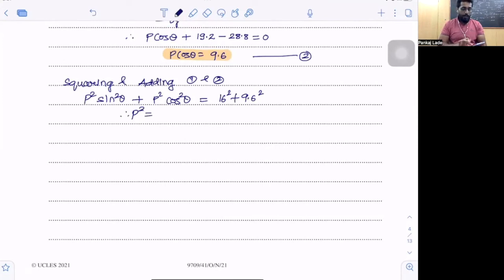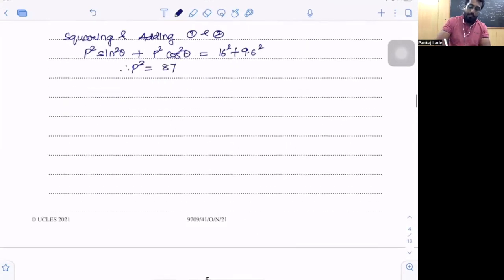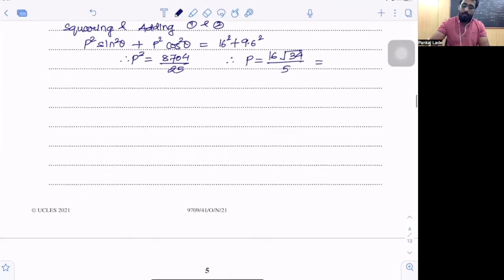Okay, so 9.6 square plus 16 square, that's 8704 divided by 25. I just write it over here. 8704 divided by 25, and that should give us the value of P. How much? Take the square root of this value. That's 16 root of 34 upon 5, which gives me 18.659. So do you recall this is 18.659?